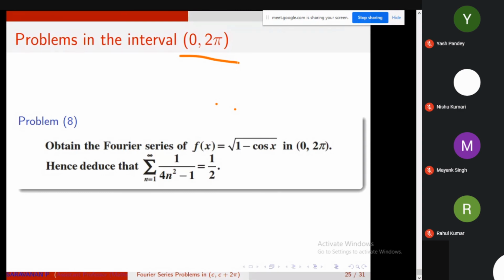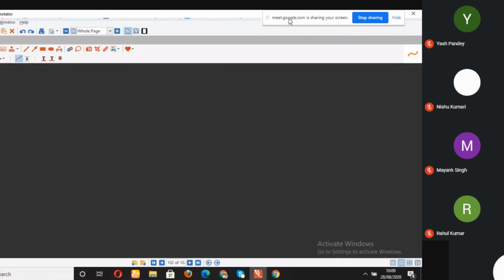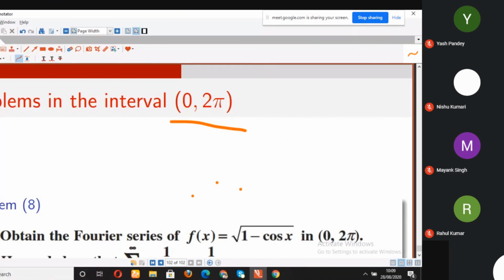For that topic, kindly don't refer to that book. For Fourier series you can refer to it. Try to solve the problems on your own, and if you have any doubt, kindly ask me, either by WhatsApp or by mail, or you can call me. No problem in that.